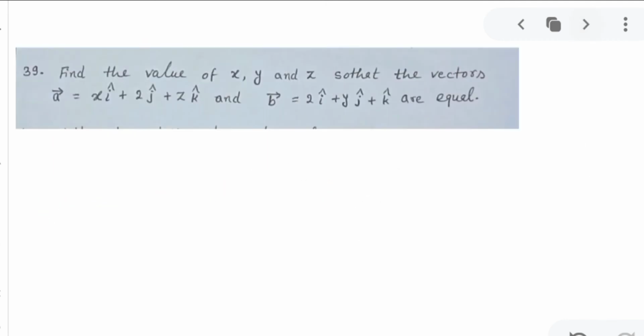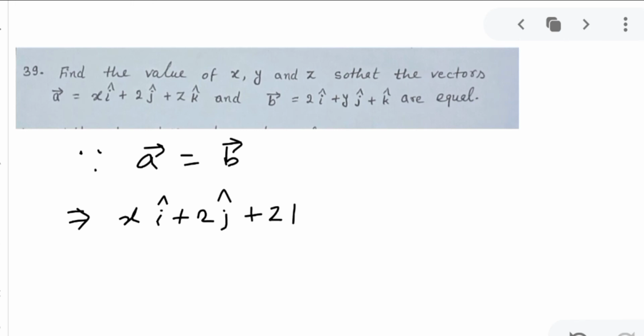Now the next one is the 39th question. Find the value of x, y, z so that the vectors a and b are equal. Since vector a is equal to vector b, it means a vector xi plus 2j plus zk is equal to 2i plus yj plus k.